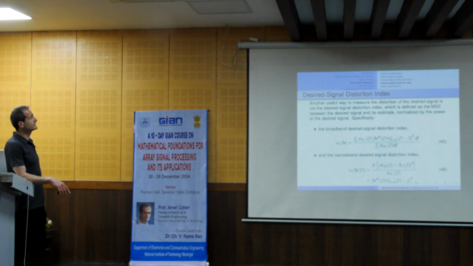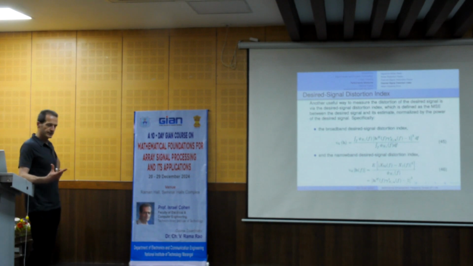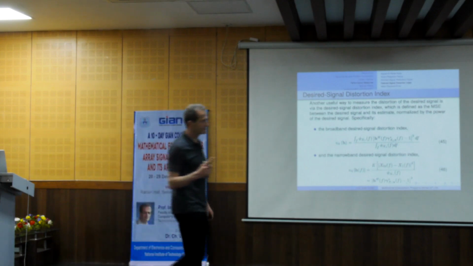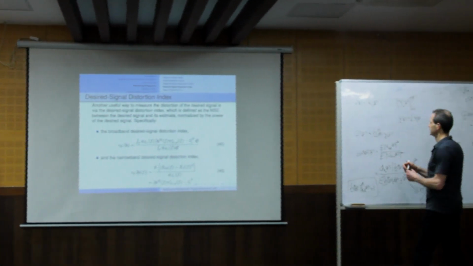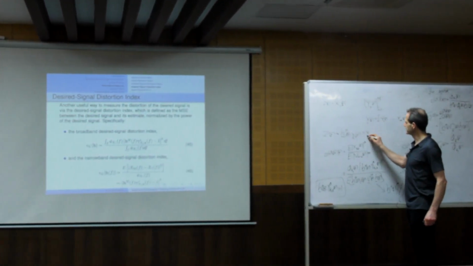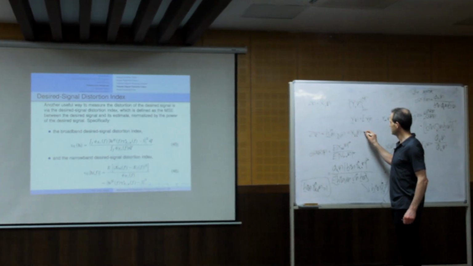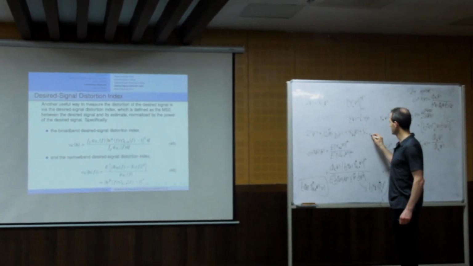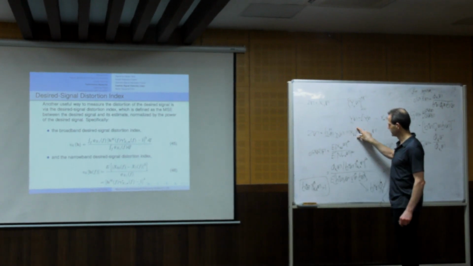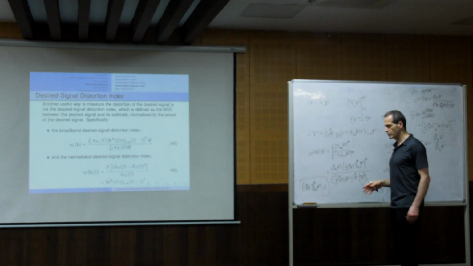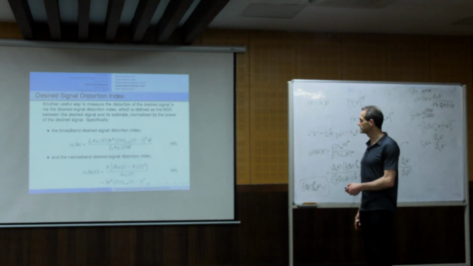Let's define the desired signal distortion index. What is the desired signal distortion index? It is the mean squared error of the difference between the desired signal. You see here, it equals X filtered desired plus V residual noise. If we take the difference between this and X1, take this error and normalize it, we get the distortion index.